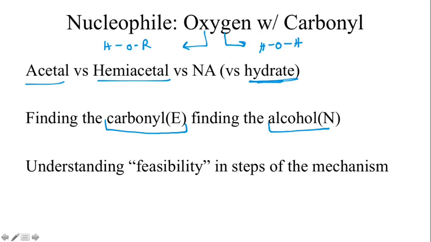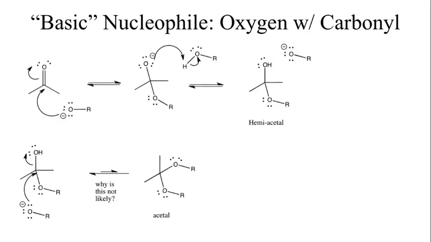Okay, so what happens is when we have our oxygen as a nucleophile, we have two possible circumstances that we can run it under. We can either do a base solution or base catalyst, or we can do acid catalyst.